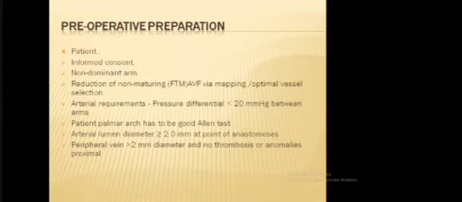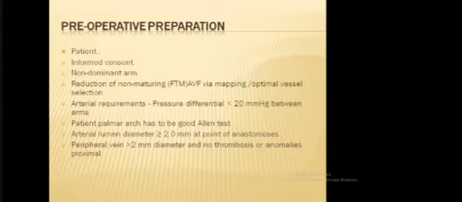What is the preoperative preparation? Consider informed consent for the patient. We have to select the non-dominant arm, to reduce non-maturing AVF.